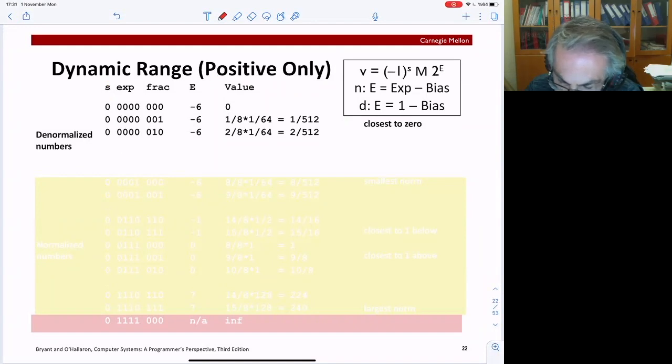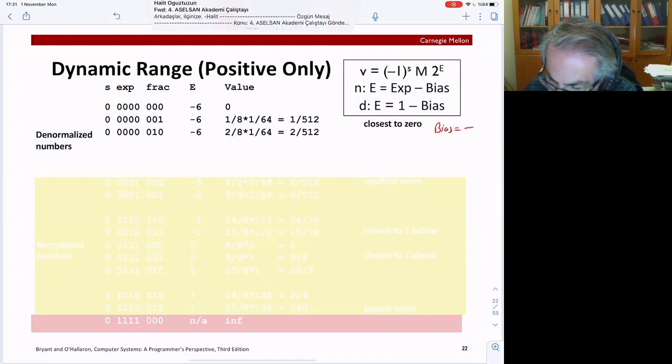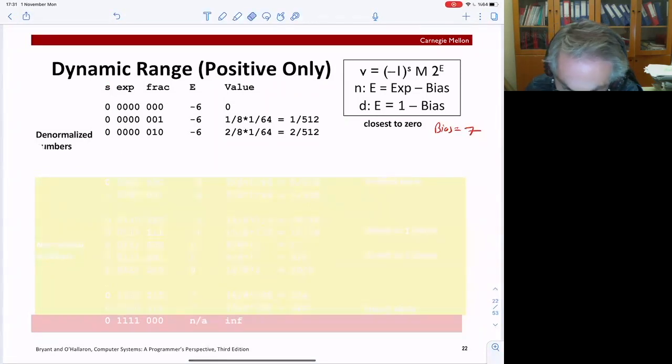Remember, my bias was 7, and in this case we have a denormalized number. In a denormalized number, E is 1 minus bias, and M is 0 dot fraction.